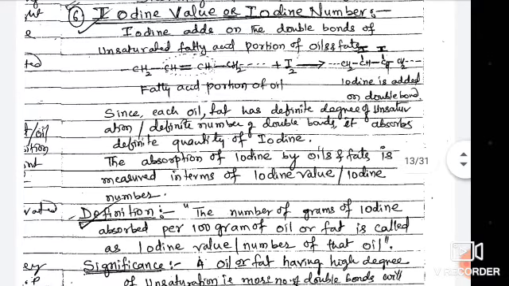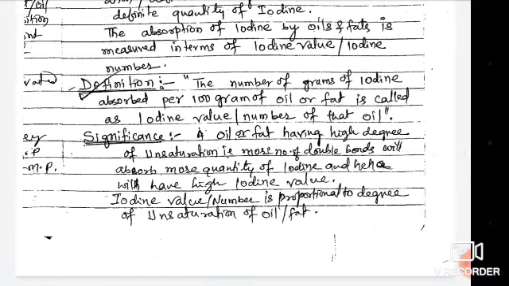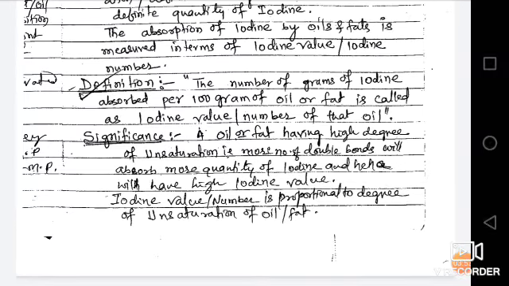So what is the significance of the iodine value or iodine number? An oil or fat having a high degree of unsaturation, that is a greater number of double bonds, will absorb a larger quantity of iodine and hence will have a high iodine value.